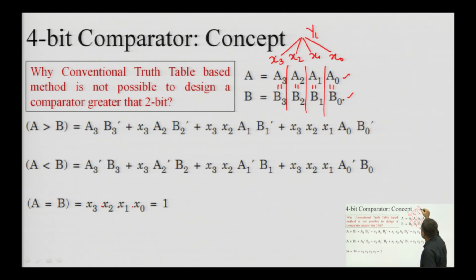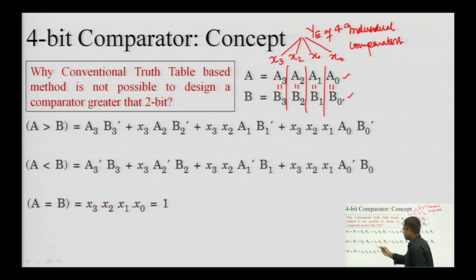So, equal has only one possibility, in which all four comparators give me the equal high output. So, 1 into 1 into 1 into 1 will be equal to 1. So, this is the expression for equal.